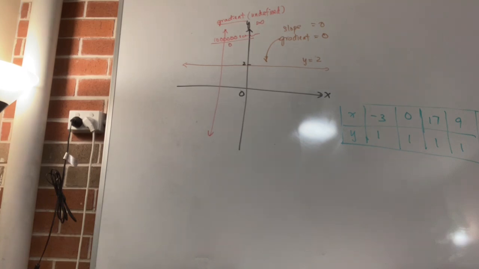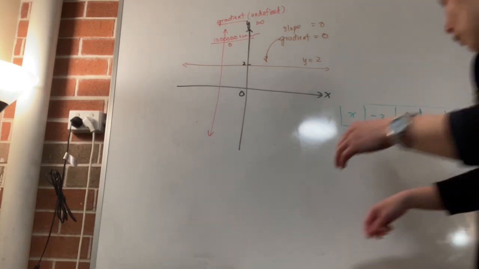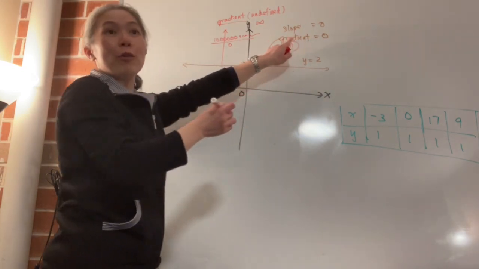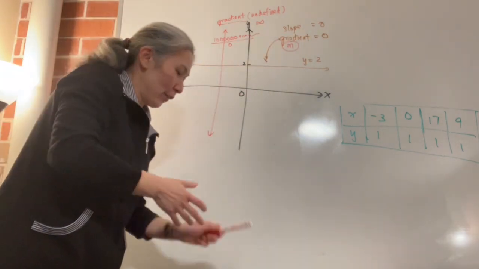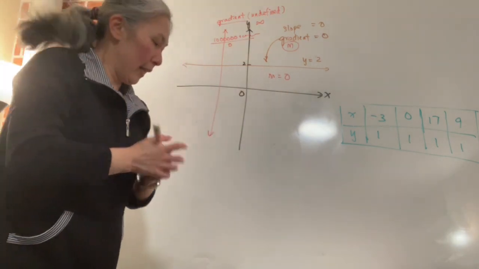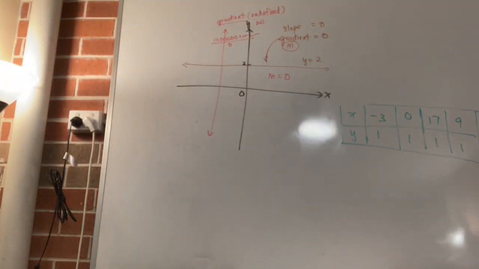The way to write gradient, you might want to use the symbols. Sorry, I forgot to tell you that. Use M for gradient. So in here, you can straight away say that M equal to 0.